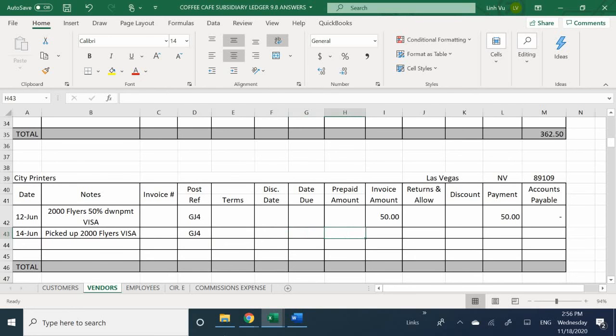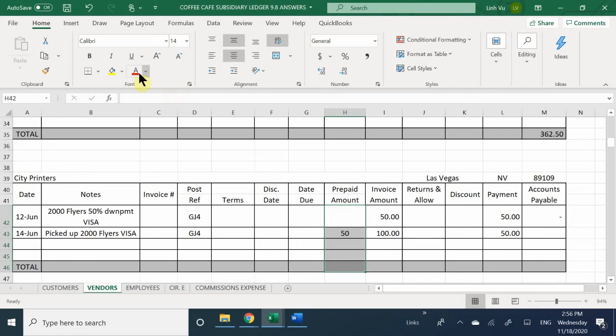So here, this is where I could go ahead and place my prepaid amount of $50. My original bill was again $100, and I also made a payment of $50. Okay, so if you applied the formula correctly, it should reflect that you owe City Printers $0, right?